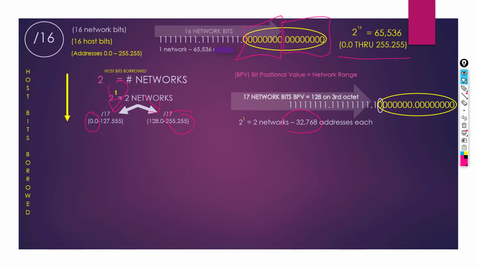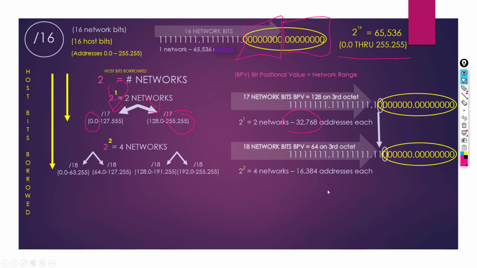And as we continue to move on down, the same holds true. 2 to the power of 2 gives me 4 networks. There's the 4, and again they start at the same place and they end at the same place. So you can see the range is even the same in this example as it was in the previous example with the /24.